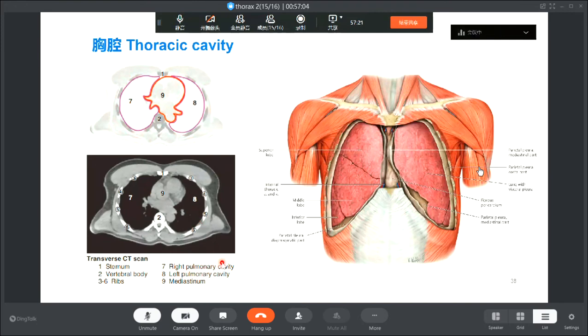Okay, so this picture shows our lungs. This is the right lung. This is the left lung.